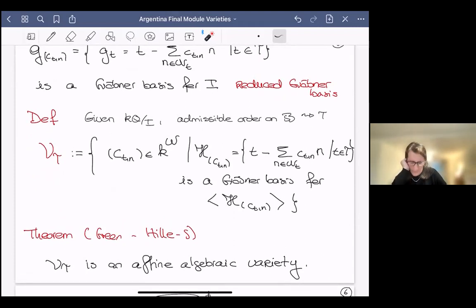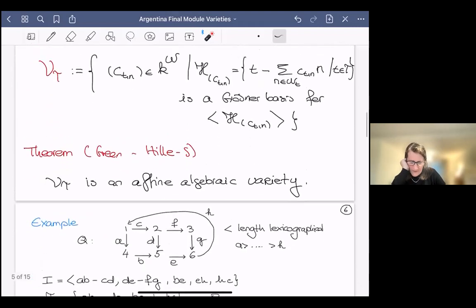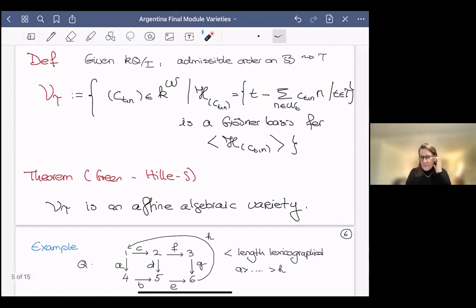And I think the best way to make this a little bit more concrete is probably with an example. So let's look at the following example. We start with the quiver. The quiver has 6 vertices, which I've labeled 1, 2, 3, 4, 5, and 6. And then it has these arrows A, B, C, D up to H. Now we choose an order, and I would like to work with the length lexicographical order.